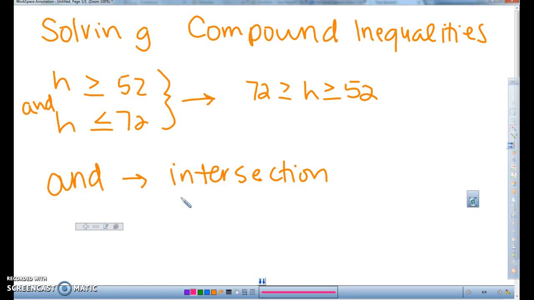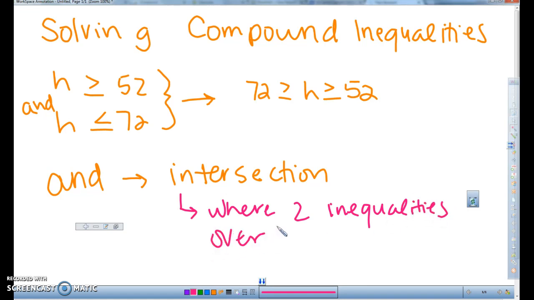An intersection is defined as where two inequalities overlap on a graph.